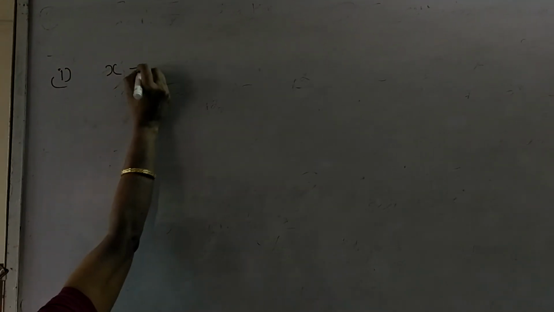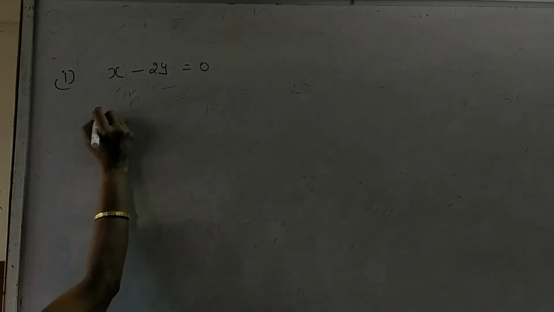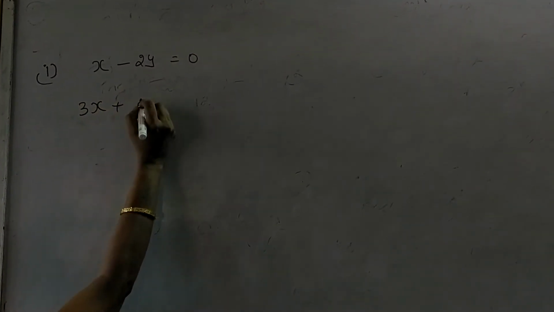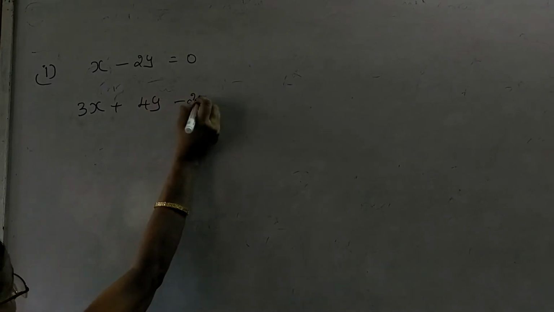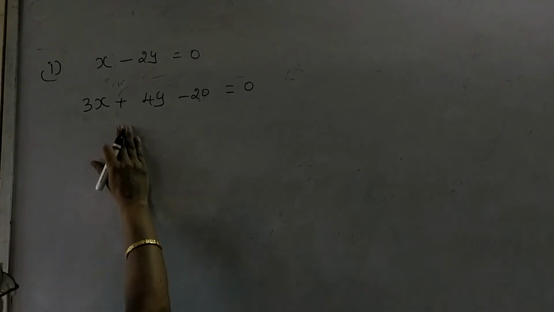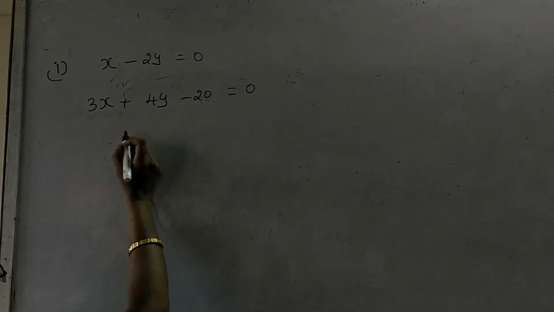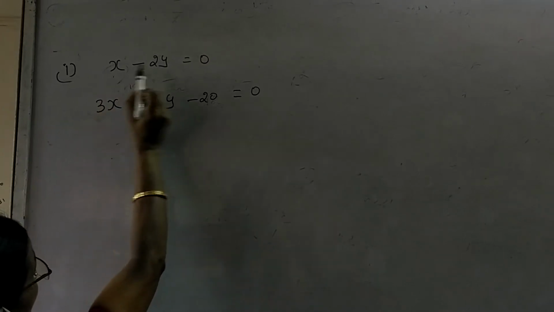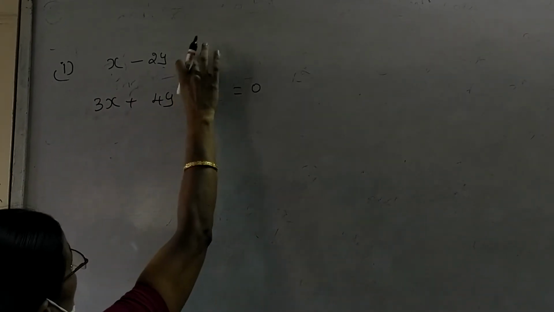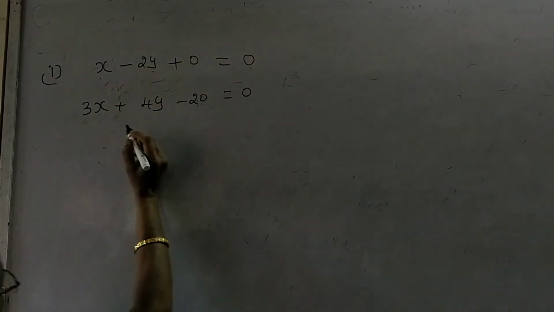First I have taken the equations x minus 2y equal to 0 and 3x plus 4y minus 20 equal to 0. First we should check whether the given equation is in the standard form or not. If you see here, x term is there, y term is there, constant term is missing. Therefore, I write plus 0 equal to 0.